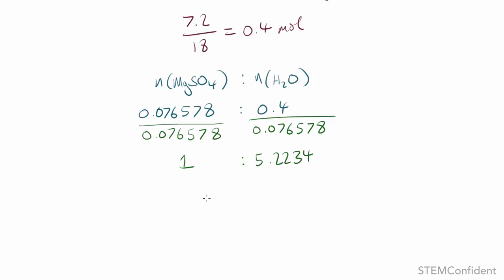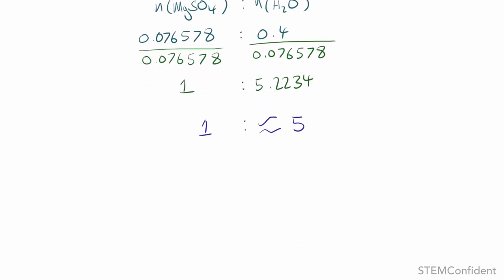Okay, so effectively, for every 1 mole of MgSO₄, approximately, given that we've rounded it, what you're going to get is 5 moles of the H2O, right? And on this basis, we can conclude that x is equal to 5, right?